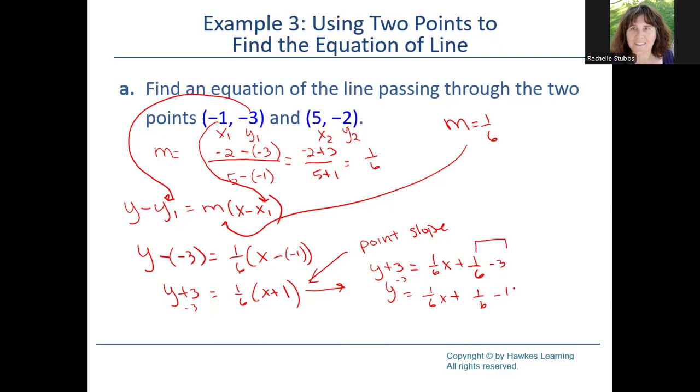That would actually be 18 over 6. That's the same as a negative 3. And now I can combine them. I get y equals 1/6 x minus 17 over 6, if I combine those two. That is my y-intercept, or my slope-intercept form.